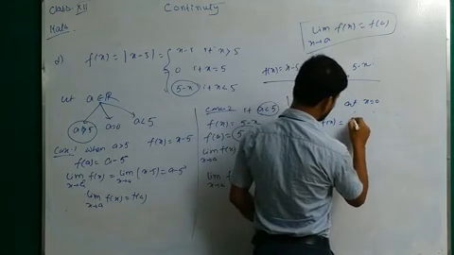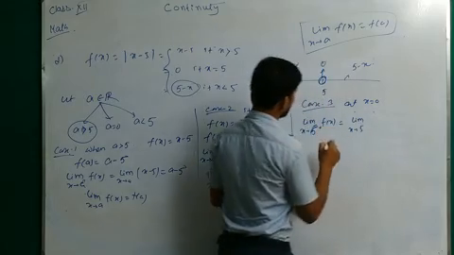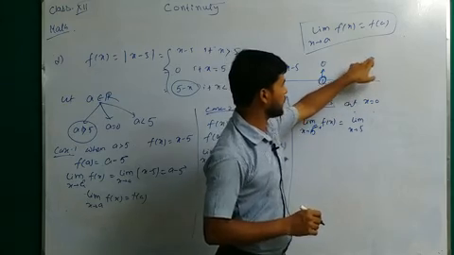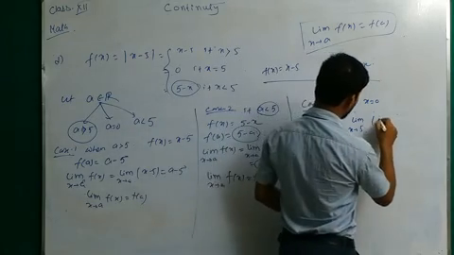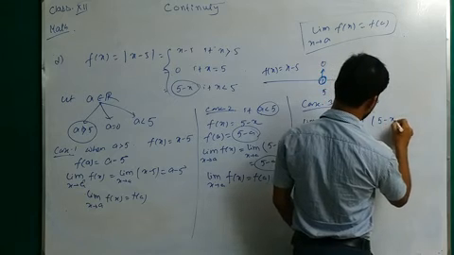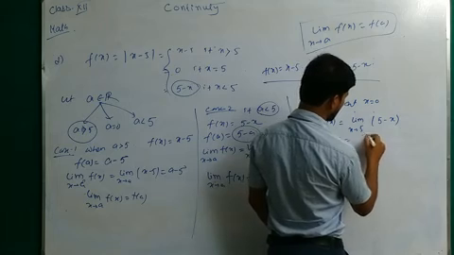So it will be limit x tends to 5 plus. Now for 5 plus it will take this value, so it will be x minus 5, which is equal to 0.